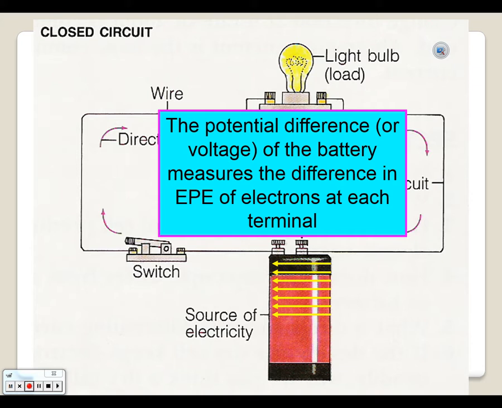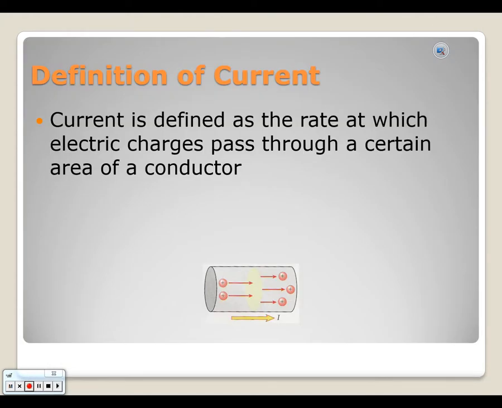All right, good there? Okay, so why all these different batteries? First, before we do that, we have to introduce this term, current. Current is the rate at which electric charges pass through a certain area of a conductor.